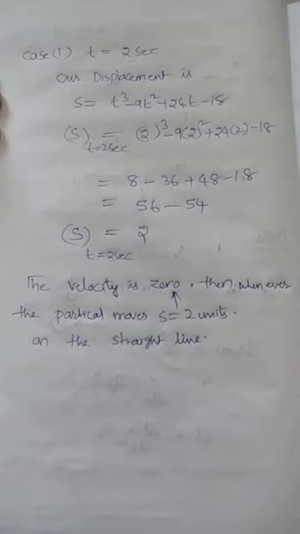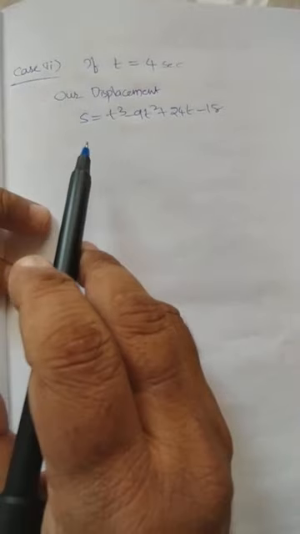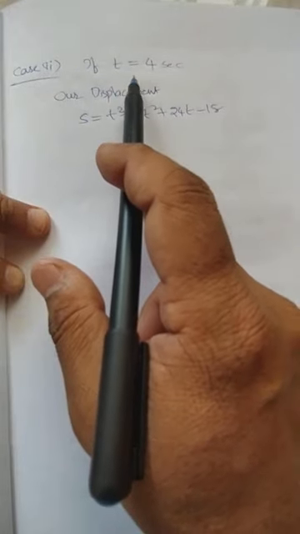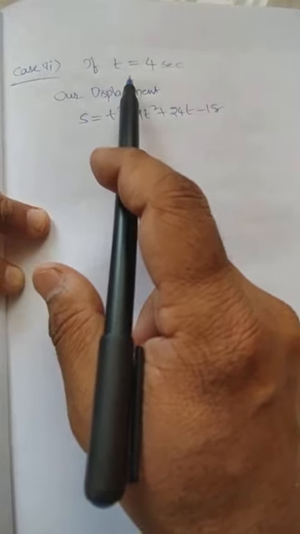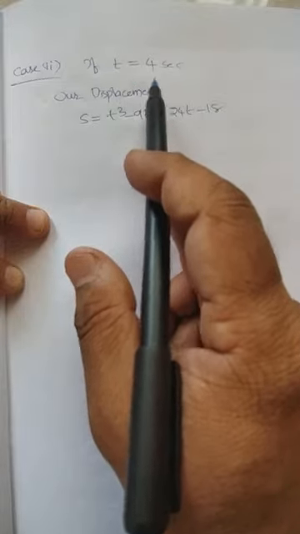Now we will check the second condition, and the second case is t is equals to 4 seconds. Our displacement is this one.